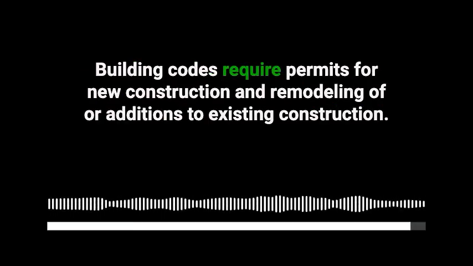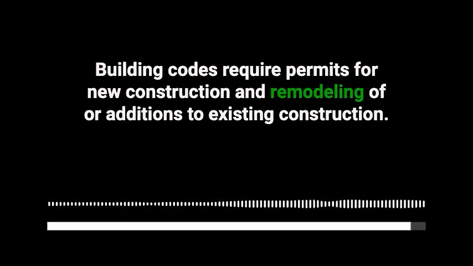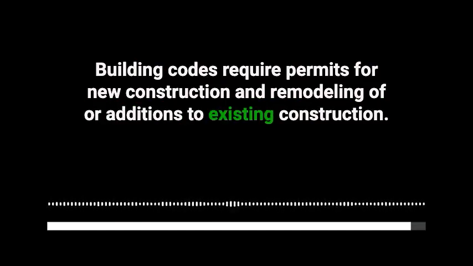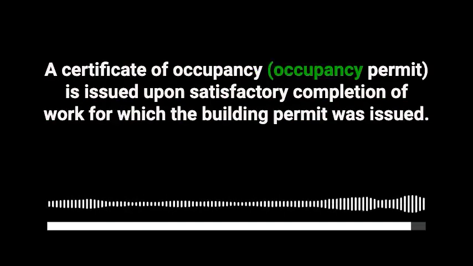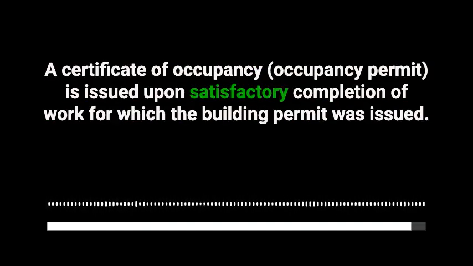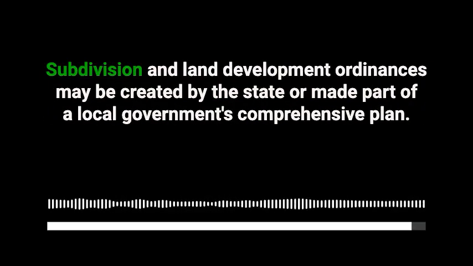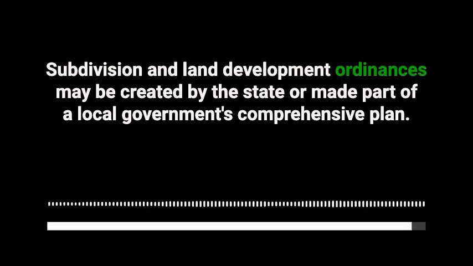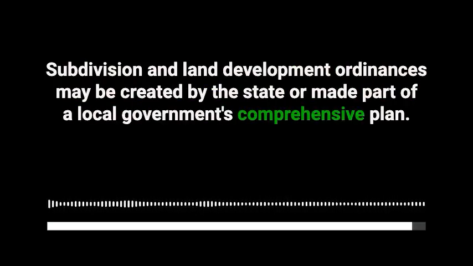Building codes require permits for new construction and remodeling of or additions to existing construction. A certificate of occupancy is issued upon satisfactory completion of work for which the building permit was issued. Subdivision and land development ordinances may be created by the state or made part of a local government's comprehensive plan.